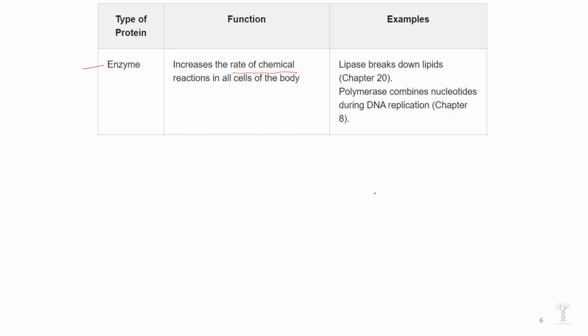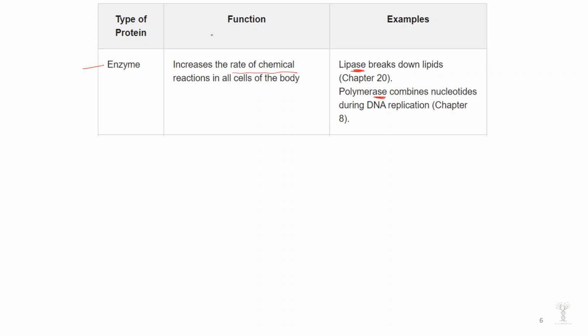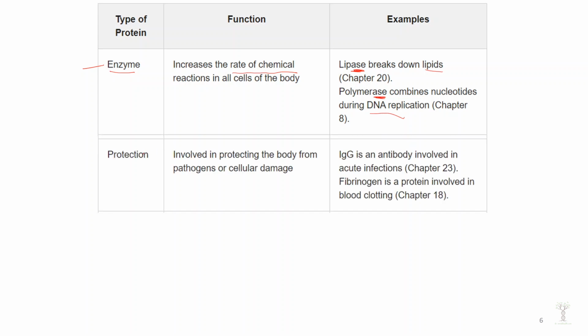So all cells have multiple chemical reactions that need to occur, and without enzymes they can't happen. You will notice ASE at the end of any protein that is an enzyme. So in these examples, lipase is an enzyme that will break down lipids. Polymerase is an enzyme that helps to replicate DNA.